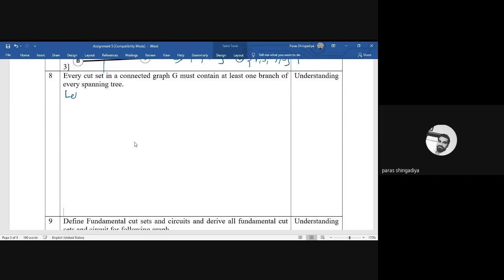Let us consider the graph G. And that is an arbitrary number of vertices I include right now. And you can consider any graph in place of that.